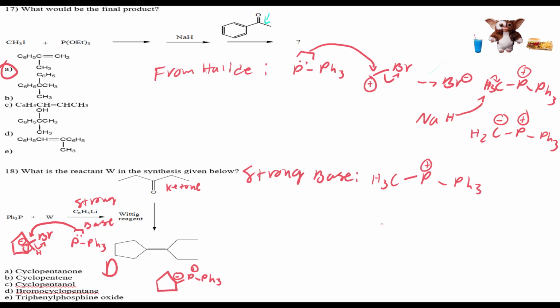And we can add, like, an organolithium reagent. So methyl with the lithium. The methyl is going to be very negative, and it is going to take one of the hydrogens as a very strong base to make it into one of these. So it's like a CH4, and we now have H2C negative, P positive, and that's going to be PPh3.